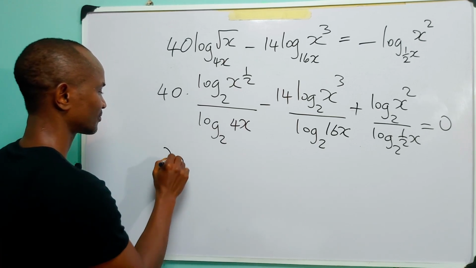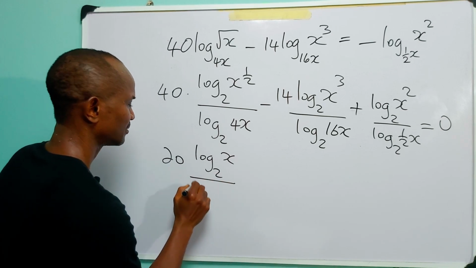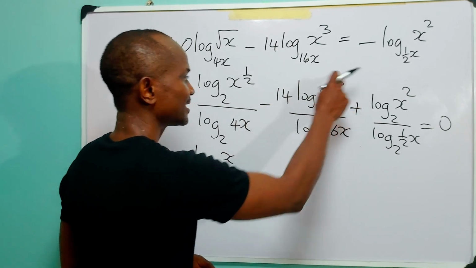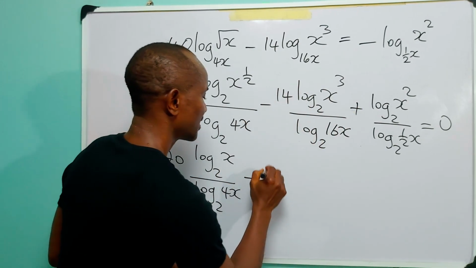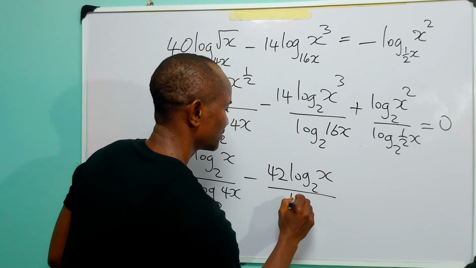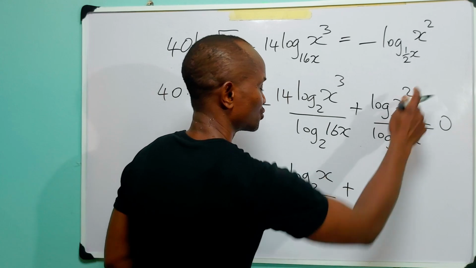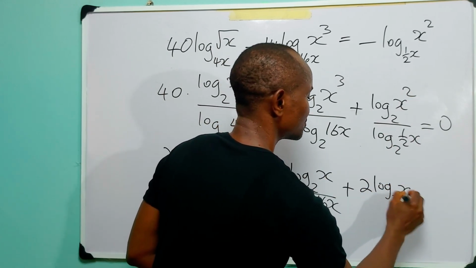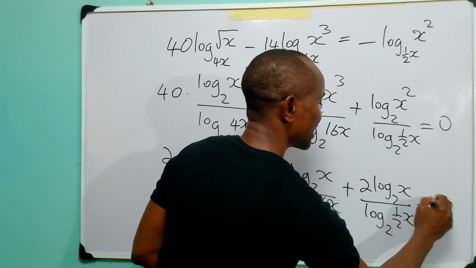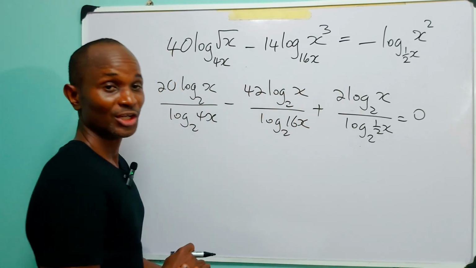So we have 20 times log to base 2 of x divided by log to base 2 of 4x, minus 3 times 14 is 42, so we have 42 times log to base 2 of x divided by log to base 2 of 16x, plus 2 times log to base 2 of x divided by log to base 2 of half x, and everything is equal to 0.